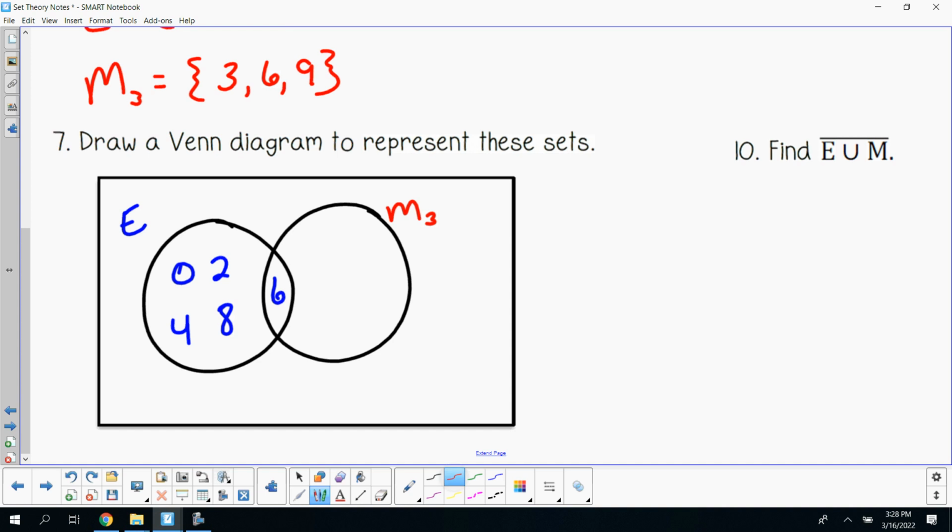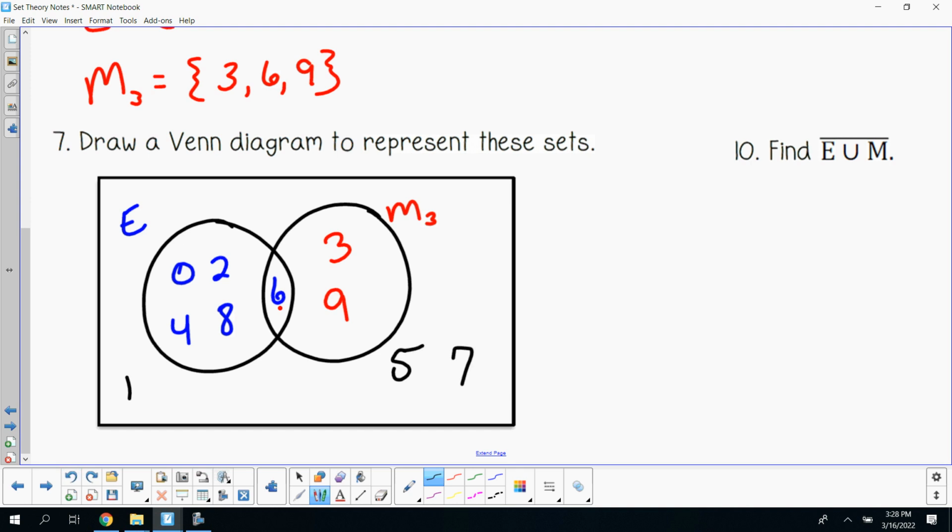My multiples of 3 are 3, 6, which we have represented there, and 9. Now we do have 3 numbers that aren't represented in either one of those sets, so we're going to put those on the outside here. We'll put a 1 here, and then maybe a 5 here, and then a 7 here. Okay?